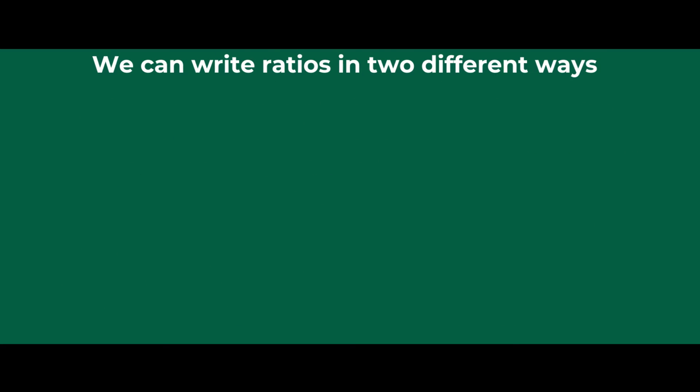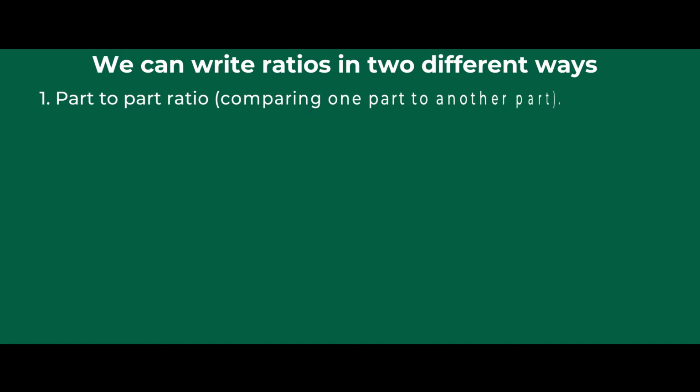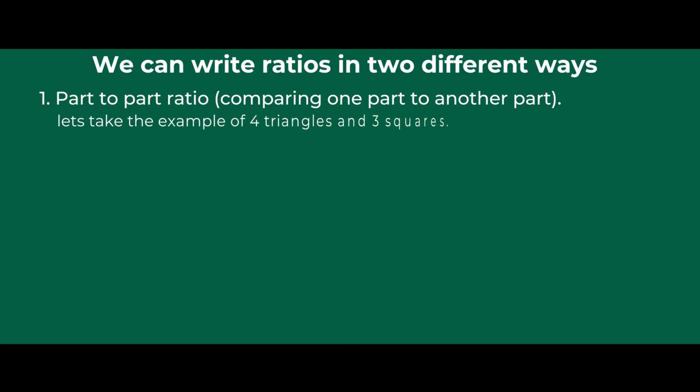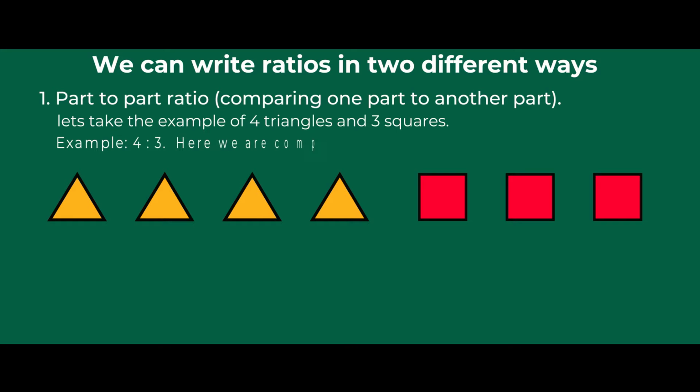We can write ratios in 2 different ways. Number 1, part-to-part ratio. Here we compare one part to another part. Let's take the example of 4 triangles and 3 squares. We read 4:3 as 4 to 3.